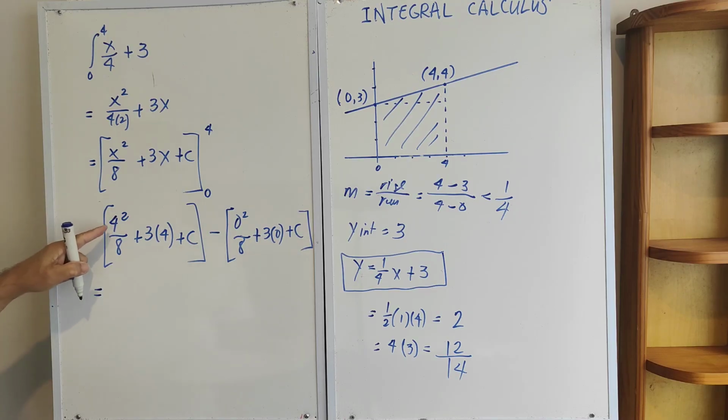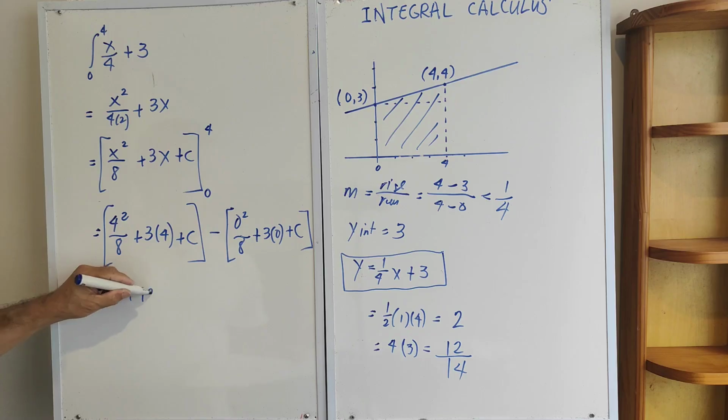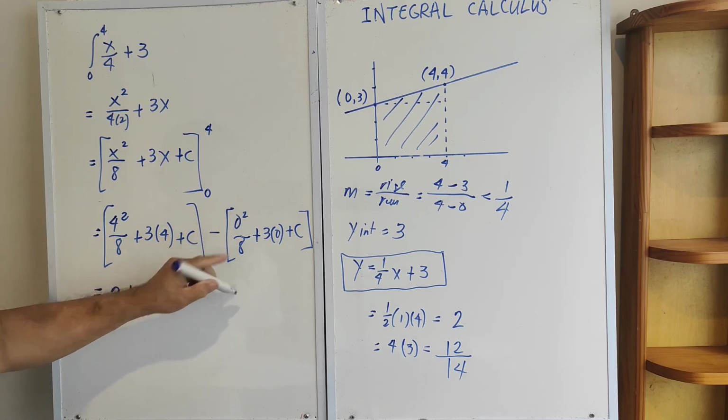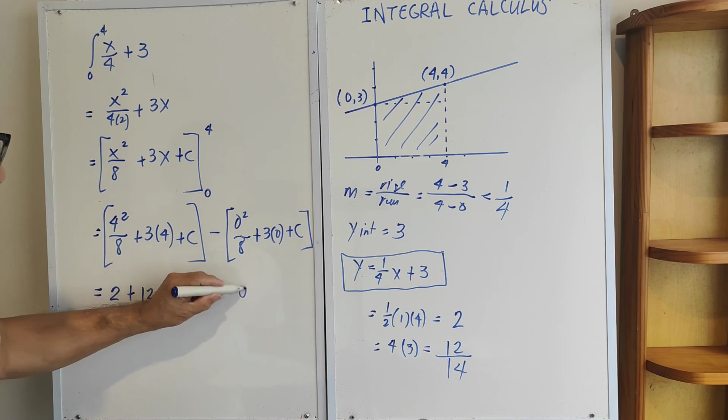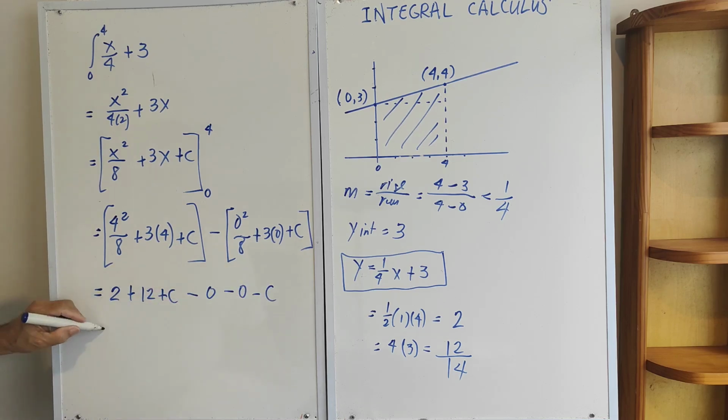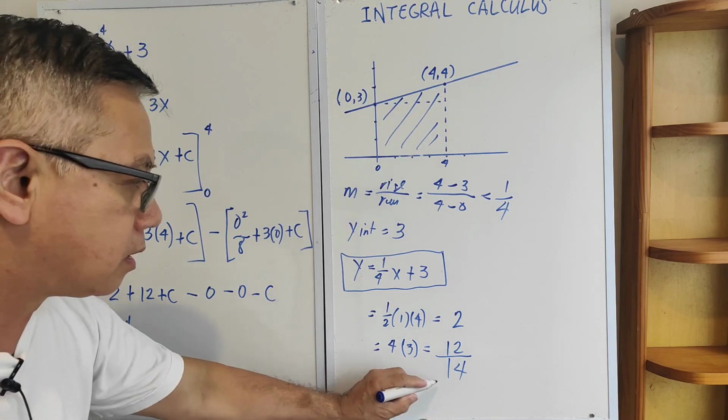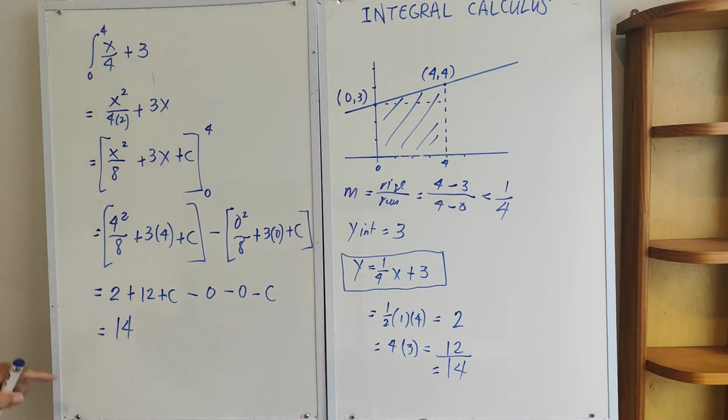So 4 squared is 16, over 8 is 2, plus 12 plus c, minus 0 minus 0 minus c. So this is 14, which is the same area as what we have in here. So we can also use the integration.